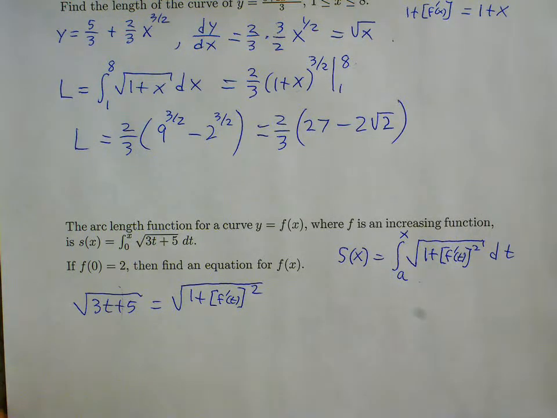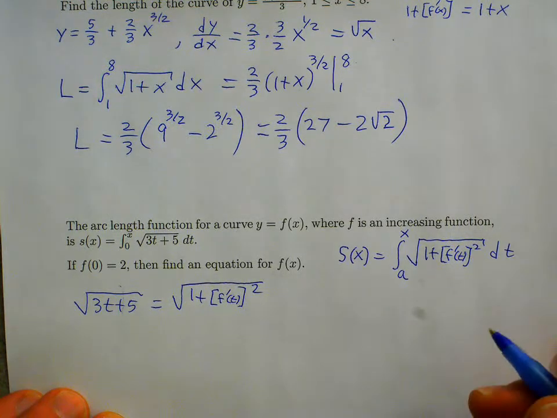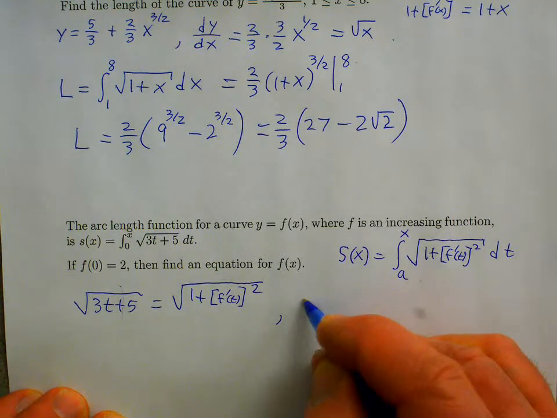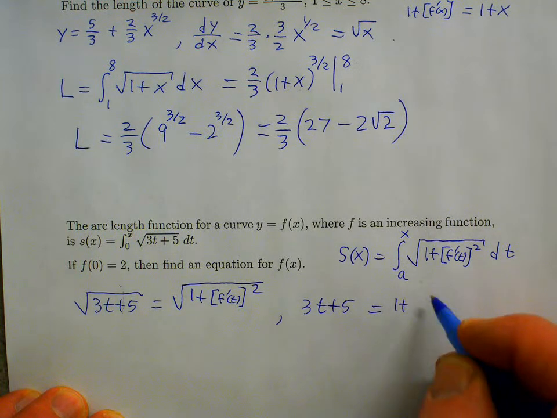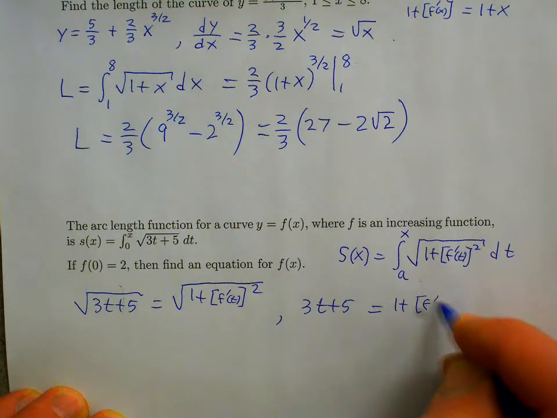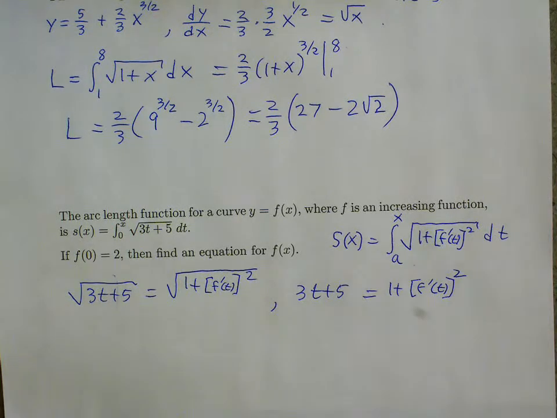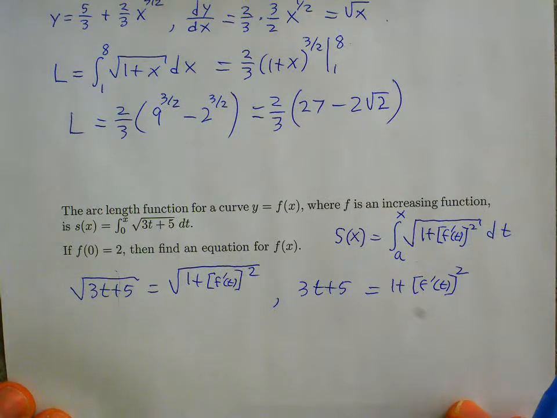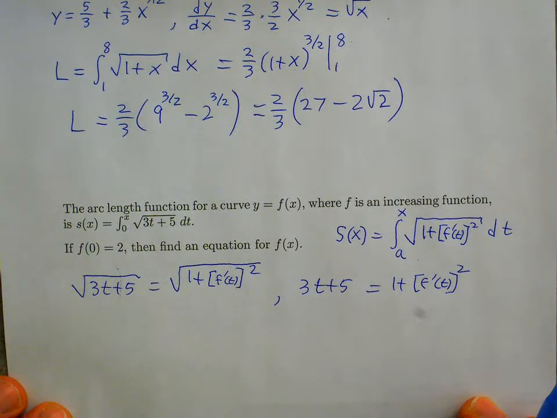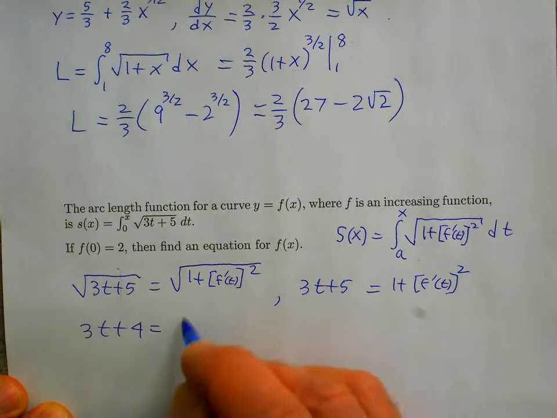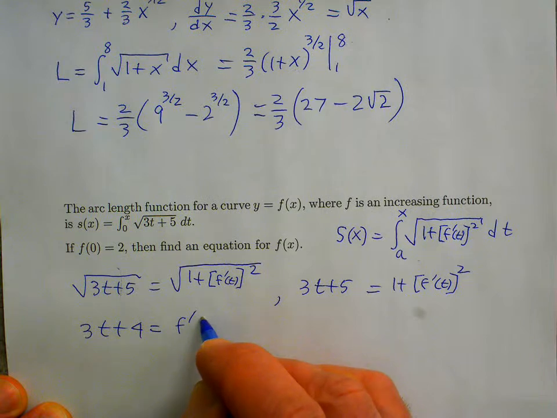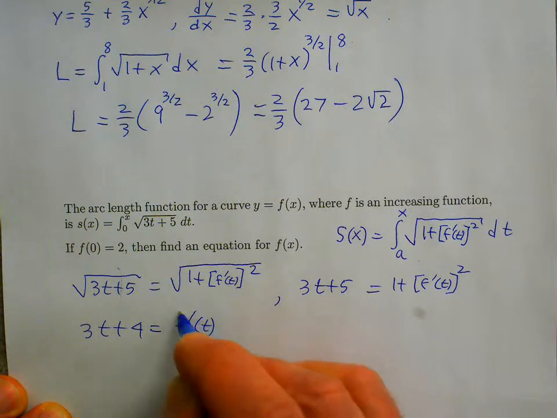Then we can square both sides, get rid of the square root. So now we're down to 3t plus 5 equals 1 plus f prime of t squared. Then subtract 1 from both sides. So we get 3t plus 4 equals f prime of t squared.